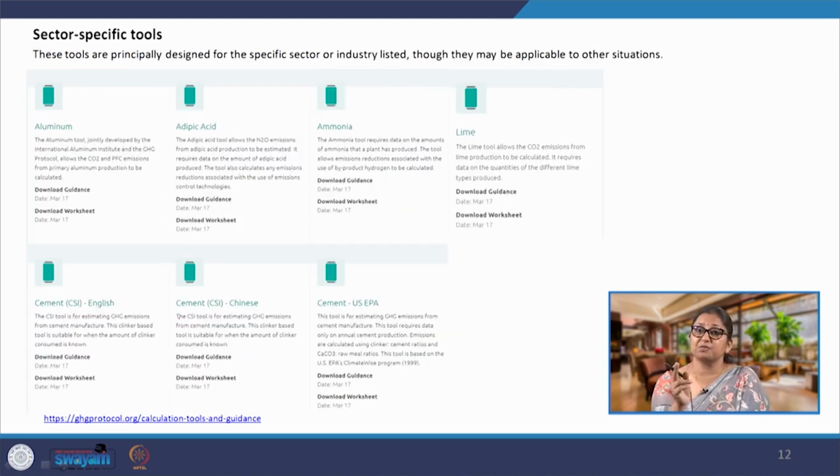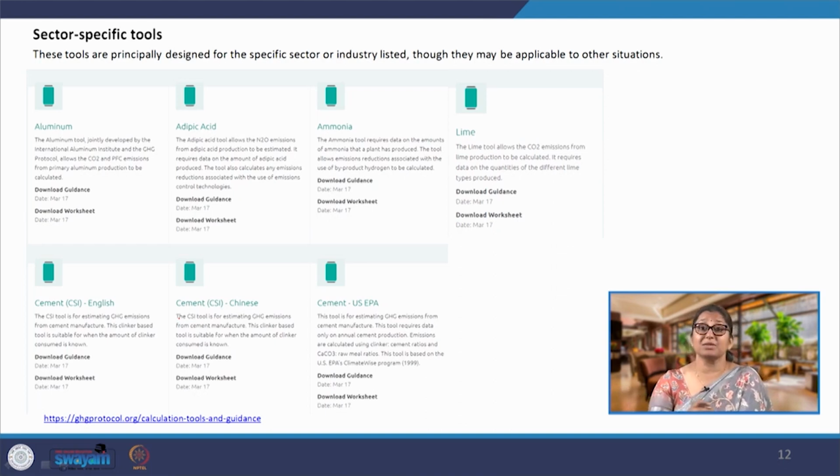Then we have sector specific tools. Sector specific tools are very obvious because there are different sets of activities altogether. If we are talking about aluminum, the extraction of aluminum from its ore requires a different set of activities, the washing with different chemical processes, and they will release a different set of gases, which are going to be very different from, say, a food processing industry.